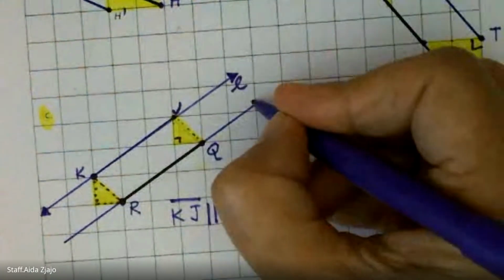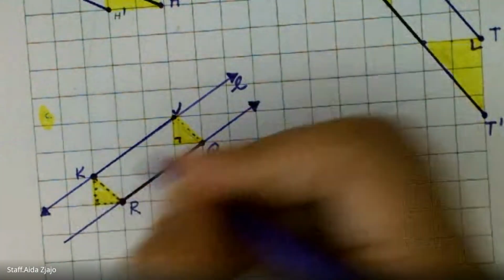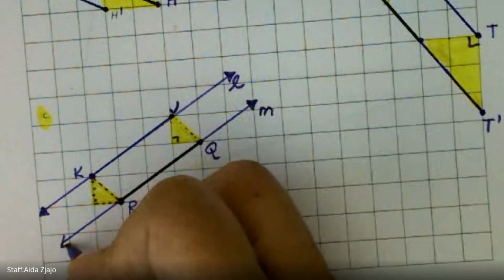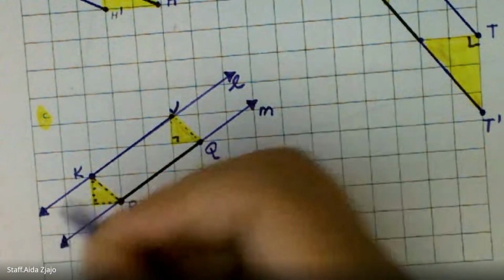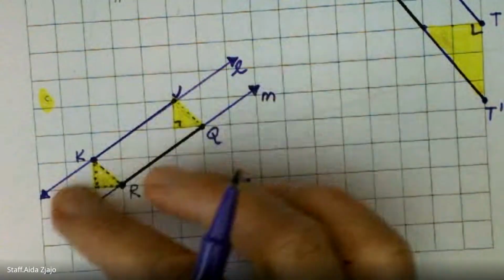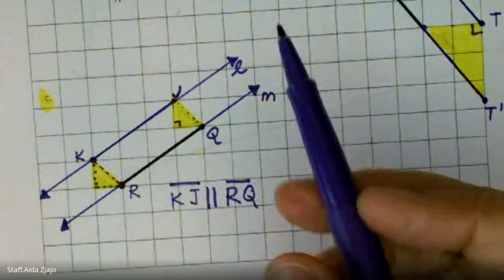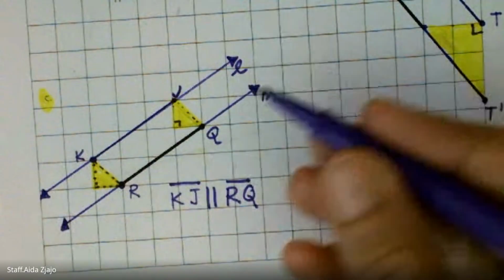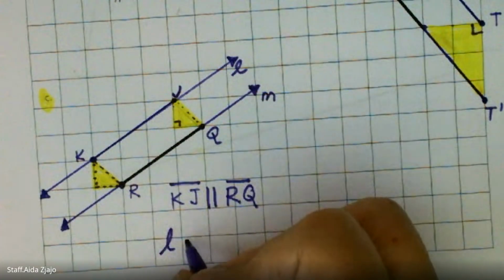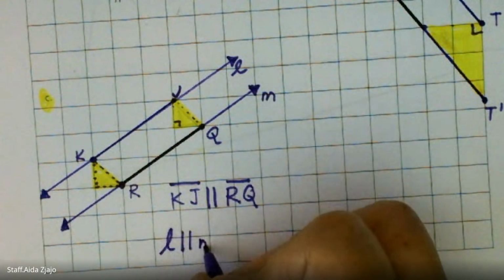So this is going to be my L line. Now this segment is on the M line and this segment is on the L line. So we also can say that L is parallel to M line.